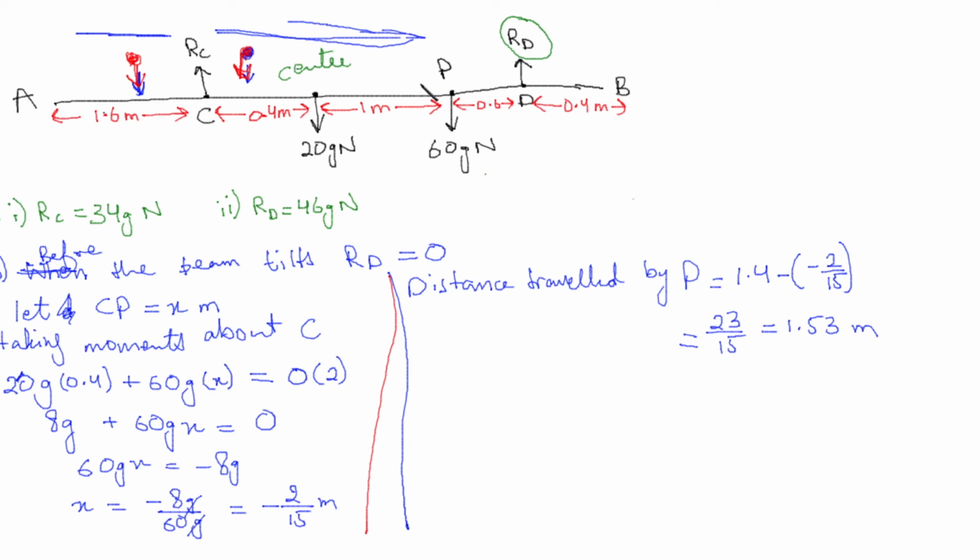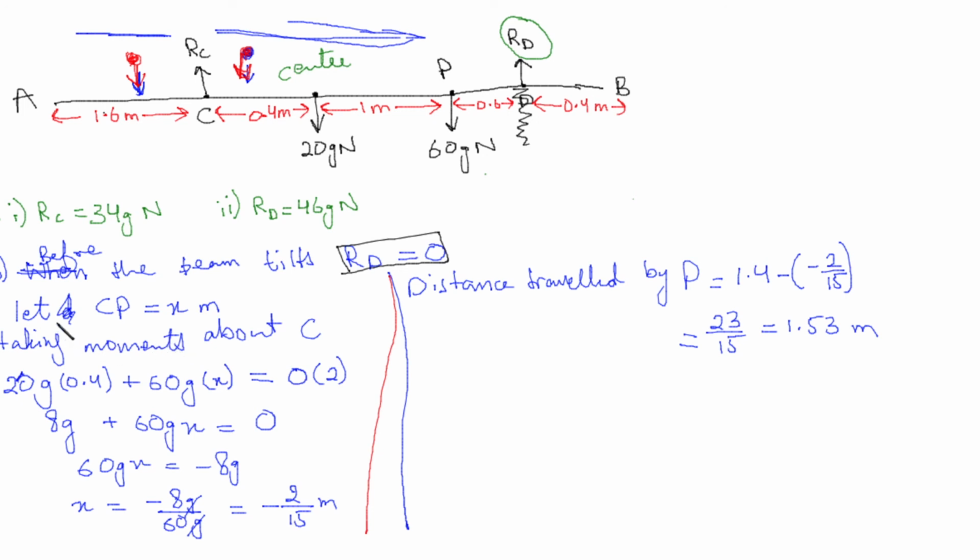And when it's moving towards C, a point will come when the reaction at D will become 0, and soon after that, when P moves a little bit more towards A, there will be no reaction here at all, because then the contact will be lost between the beam and the support D. So there will be no contact at this point. Okay, we are taking the point when it becomes 0, at that exact point.